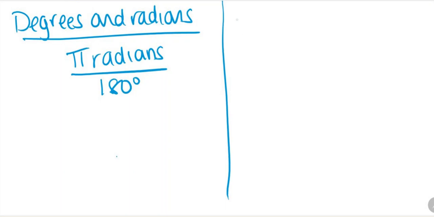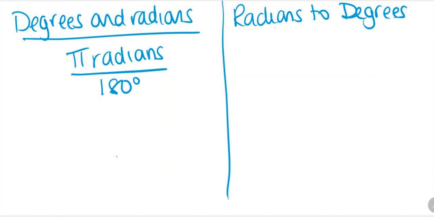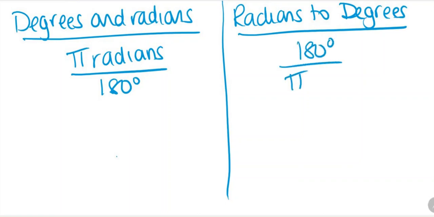To go from radians to degrees, we multiply the number of radians by 180 degrees divided by pi radians.